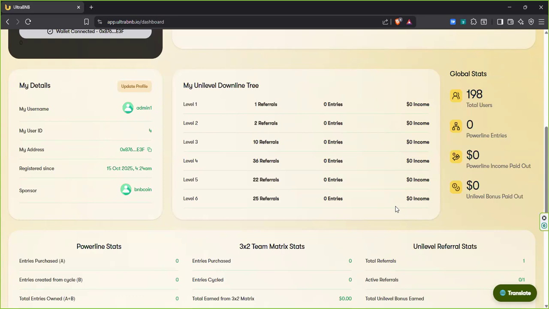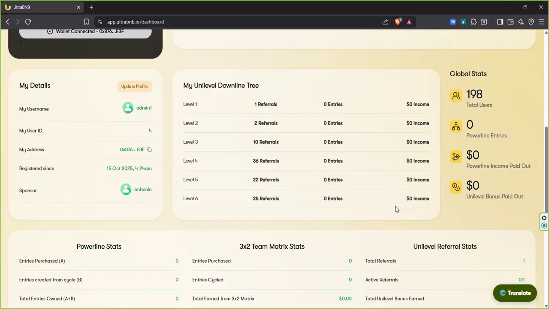Another exciting thing is that we understand with us in Ultra BNB, one can cycle out how many times? 5 times, right? Before their entry expires for good. So imagine each cycle that happens, you as the sponsor will equally be earning these unilevel bonuses.